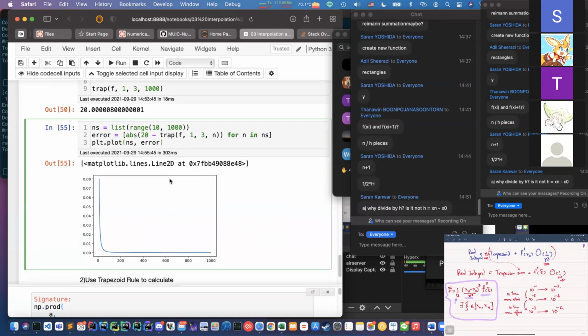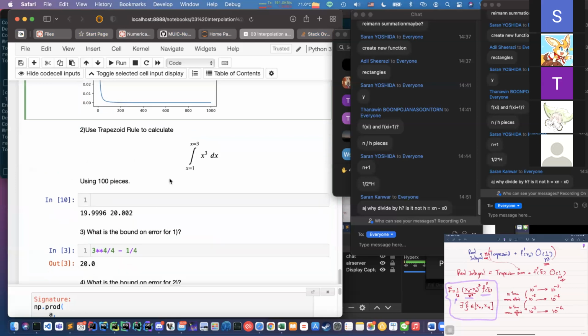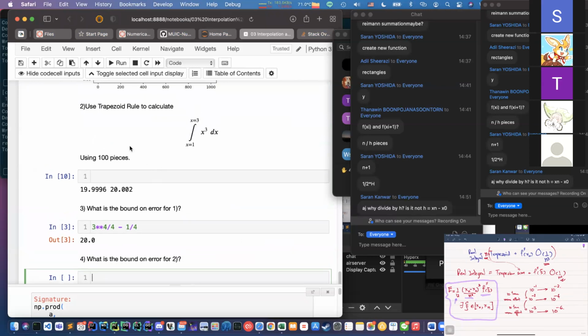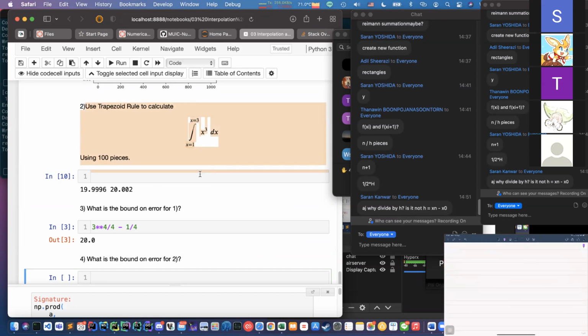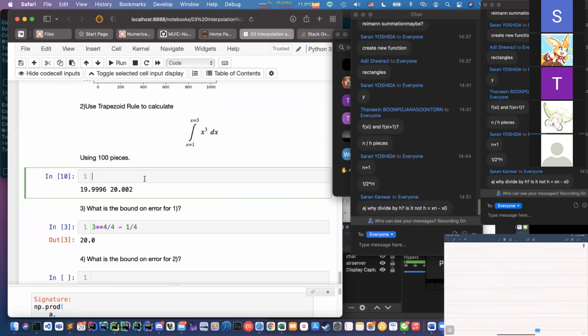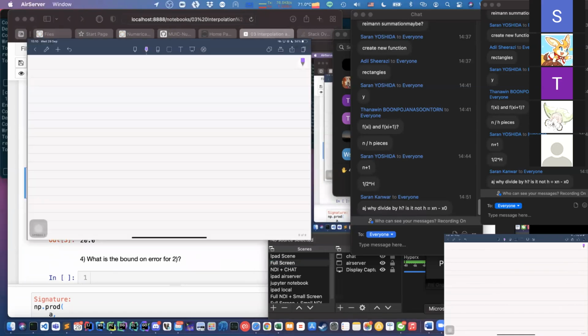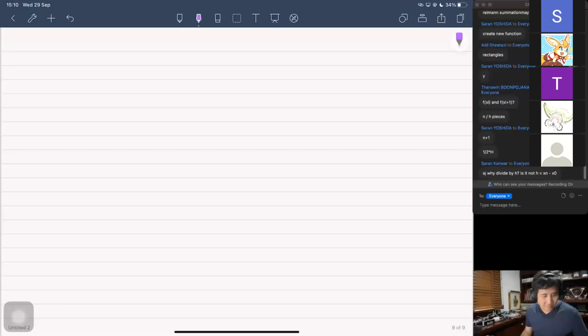So let's look at some example that I want you to be able to do. If I want to be able to calculate the bound on error, let's say I want to integrate from x equals 1 to x equals 3 of x cubed dx.